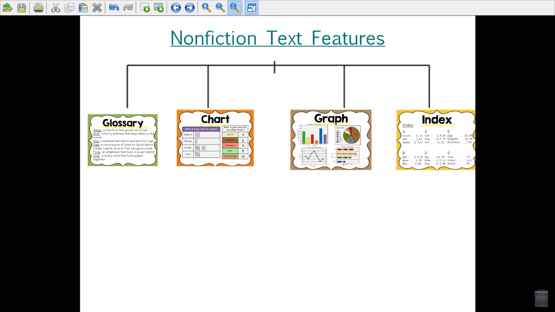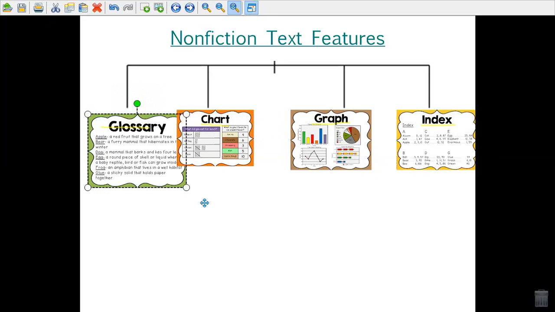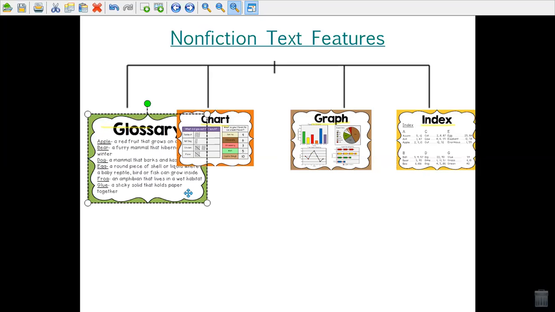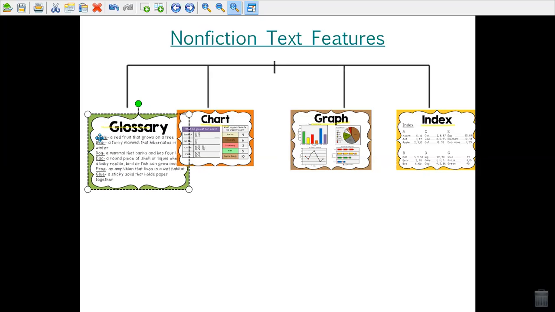Now, a glossary, which is also just our review, tells us what a word means. So you will have a list of words over here, and then it'll have the definition beside it. So it says apple. An apple is a red fruit that grows on a tree. A bear is a furry mammal that hibernates in the winter.